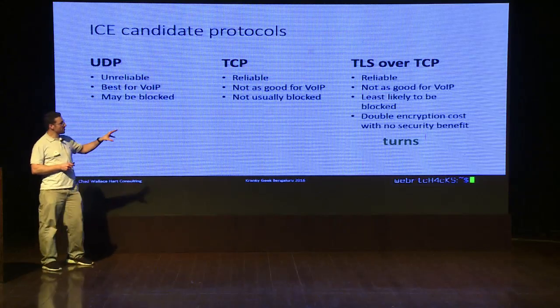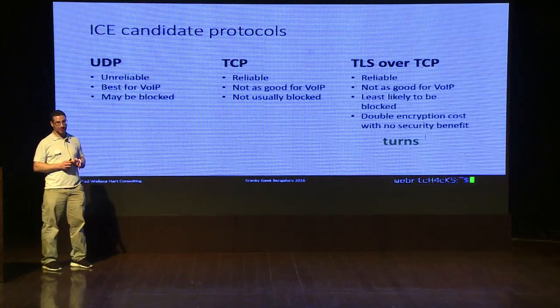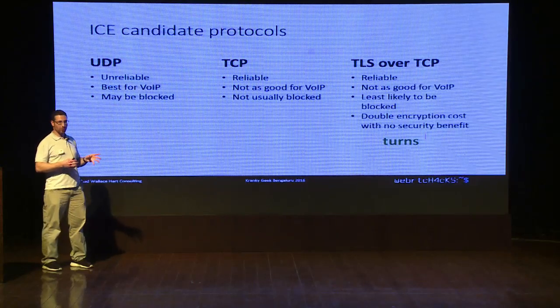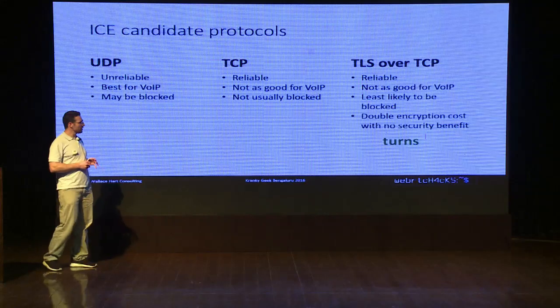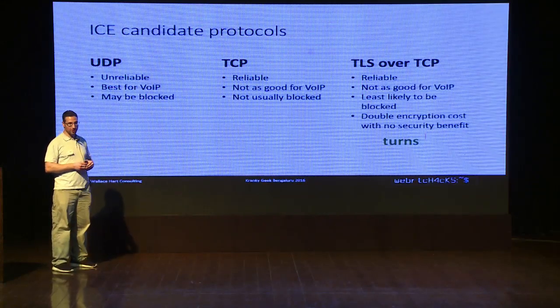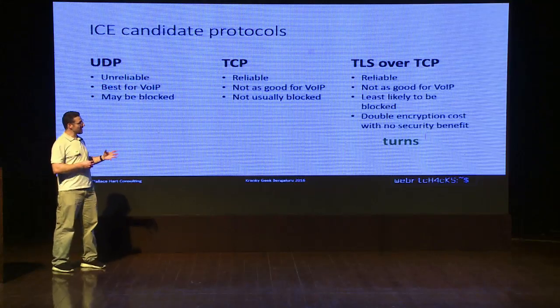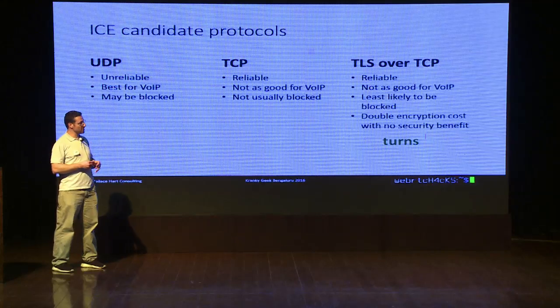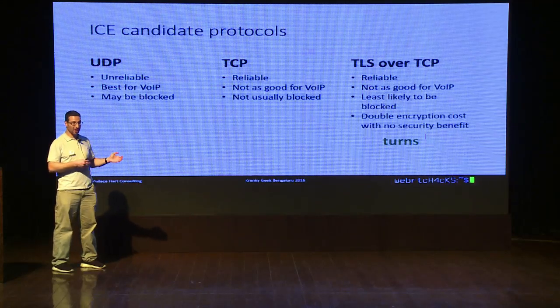And the last one I just mentioned is TLS over TCP. This is usually used for the very restrictive or weird firewalls that really block everything. You're more likely to get through by going over the HTTPS channel. The downside is that you're doing double encryption, because WebRTC includes DTLS encryption already on the media.